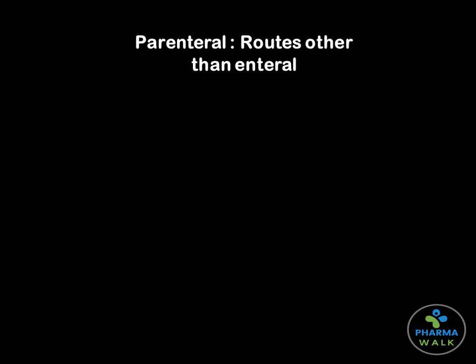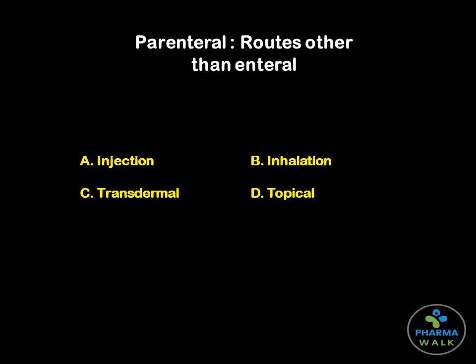Now let's understand the parenteral routes, other than the enteral. Injections, very common. Then inhalation, intranasal route, transdermal, and topical. So all these four types, these are the routes other than the enteral, which does not involve any part of the gastrointestinal tract.